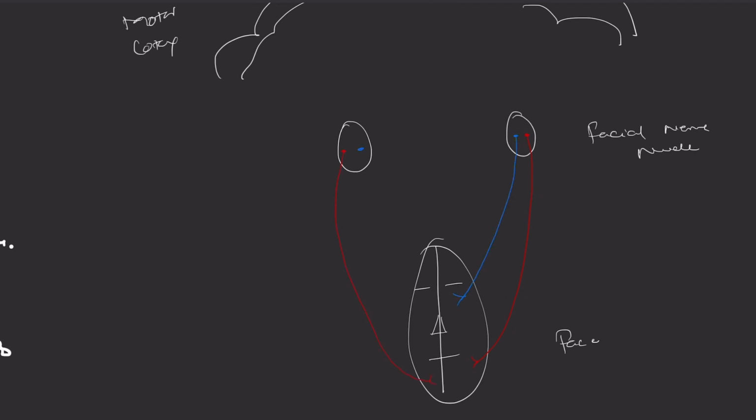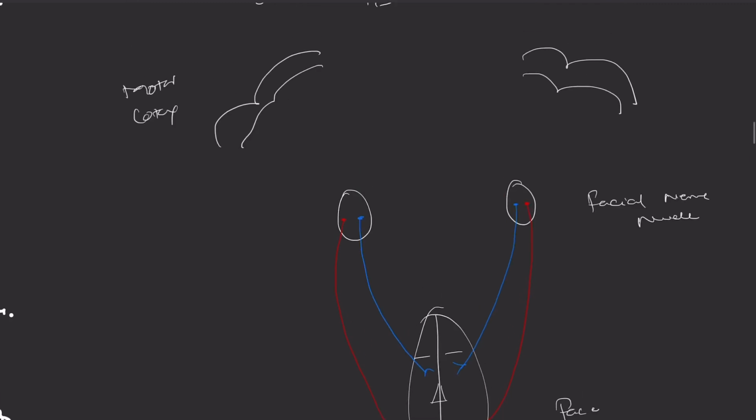The upper half of the face has bilateral innervation, from both sides. But the innervation to the lower half of the face comes from the contralateral nucleus.